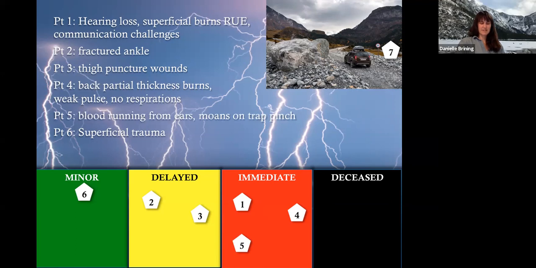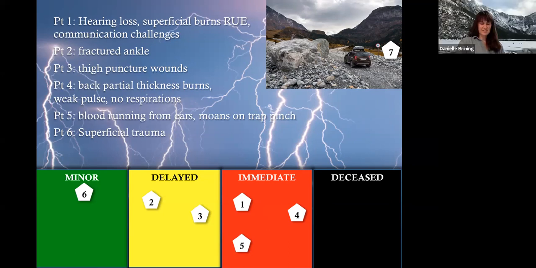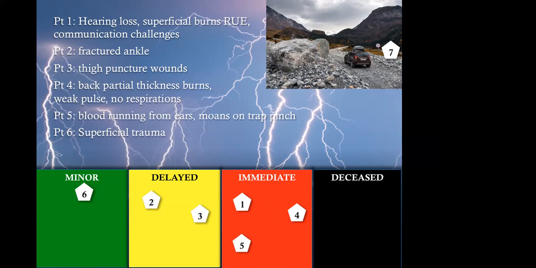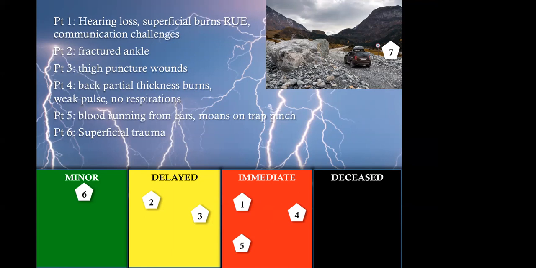Okay, and we already saw patient 6, and then patient 7 by the speed limit sign. Conscious? Yes, conscious. Follow commands? Following commands. Anything obvious injury wise? Any massive hemorrhage? Otherwise, we're green.